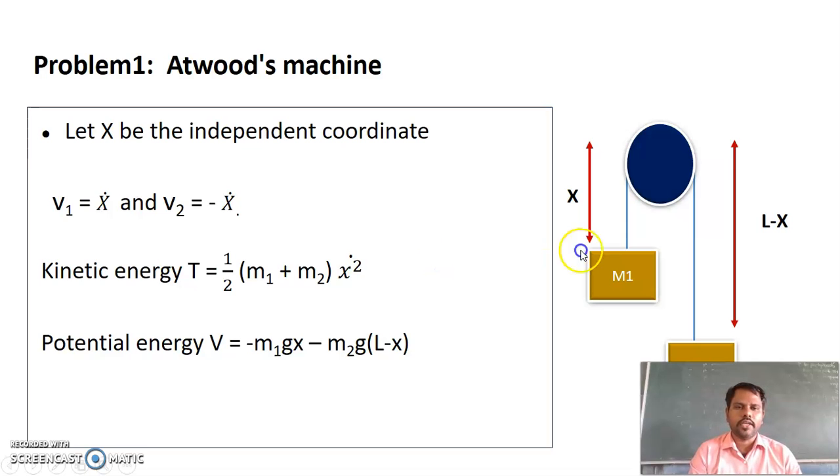There are two bodies m1 and m2, which means I have two potentials, one with respect to m1 and one with respect to m2. So the potential energy V is equal to minus m1gx minus m2g into L minus x. Now I have found the kinetic energy and potential energy for the system.